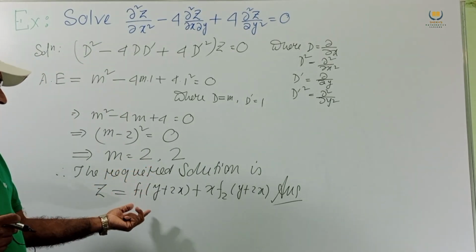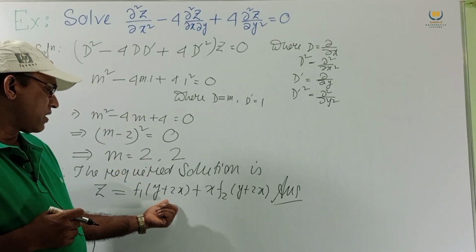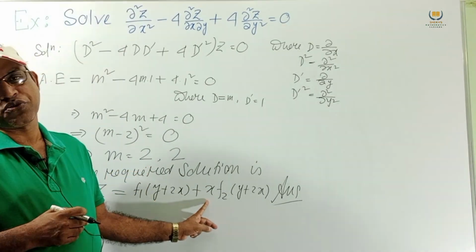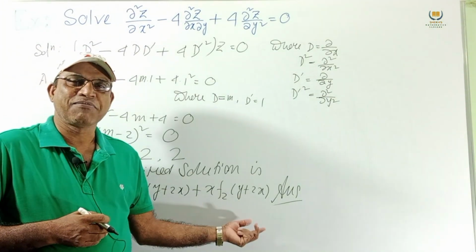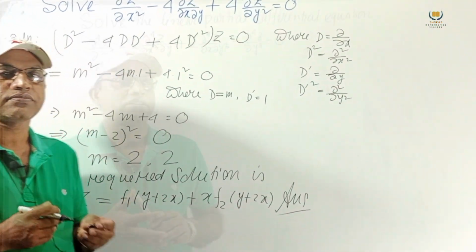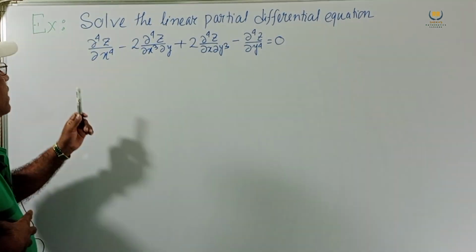If roots are equal, we write f1(y + 2x) and an extra x times f2(y + 2x). This is the answer. Very easy solution. Next we consider another problem.